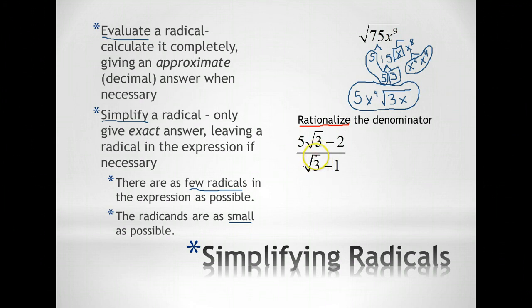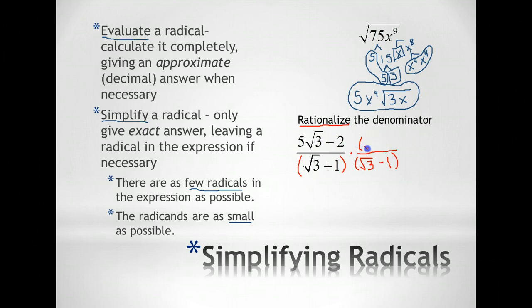So if I want the denominator to be a rational number, that means I have to get rid of the radical. Now, because I have a radical plus something, the only way to get rid of the radical is to multiply by something called its conjugate.